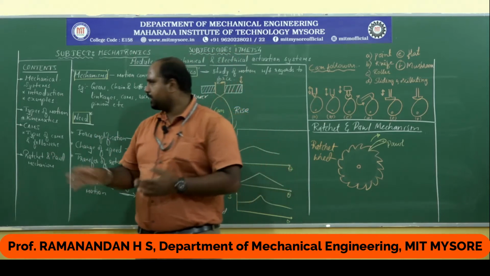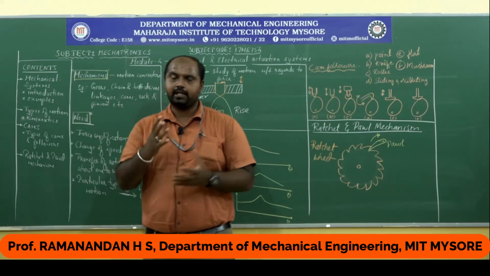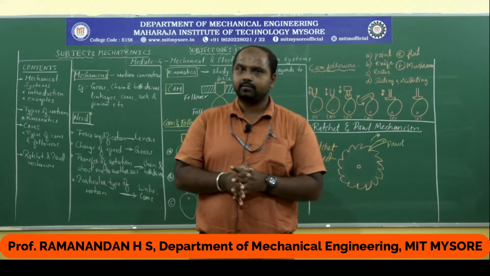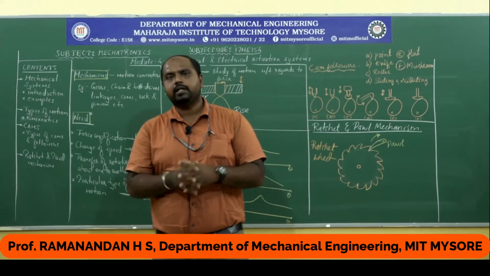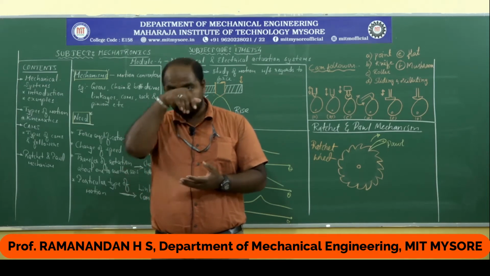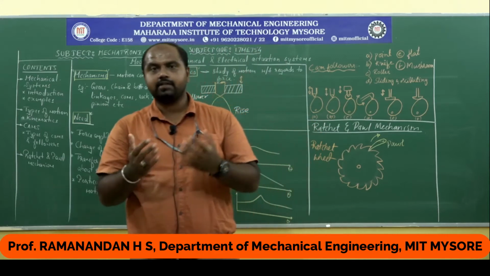Similarly, you have linkages and cams. They help me in achieving a particular type of motion. Cams convert motion, usually rotary motion, into oscillatory motion. That is the function of a cam.